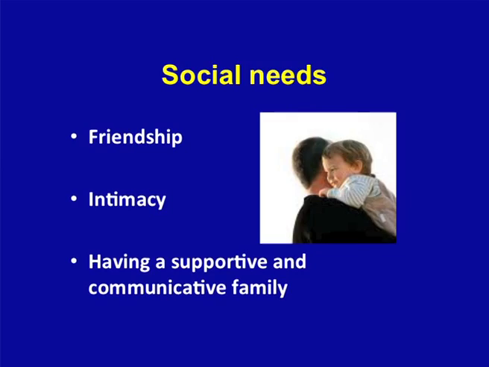Then, once a person is satisfied physiologically and completely happy with his safety needs, come what are called social needs. For example, friendship, family relationships, intimacy with friends or family members, the near and dear, the significant people in life, and having a supportive and communicative family.